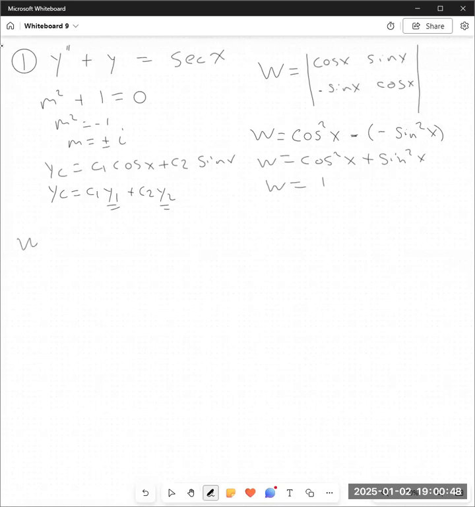So now I'm going to take W sub 1, and what that's going to be is that I'm going to replace the first column with zeros everywhere above the function that is going to be in my last row. So that's not going to look very interesting in a 2x2. If we had more functions, this would be harder, and I would have needed to explain more how to do that. I'm only going to do problems that are 2x2s right now.